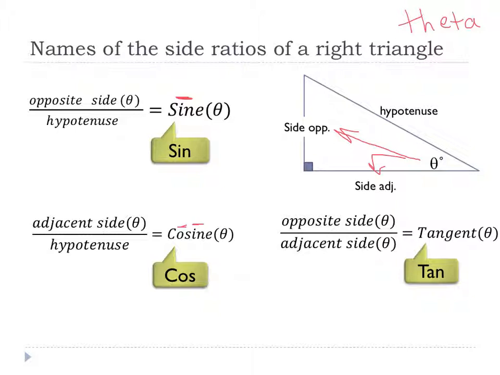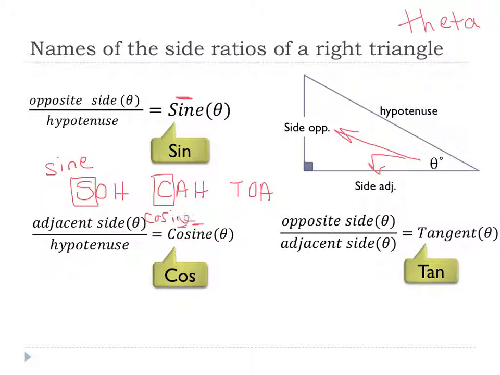And we're going to have a little mnemonic, almost like PEMDAS or Please Excuse My Dear Aunt Sally. The way we memorize these, and you must memorize them, is SOHCAHTOA. This is how most students memorize these. SOHCAHTOA. It's a little bit catchy, and the S stands for sine, and the C stands for cosine, and the T stands for tangent.